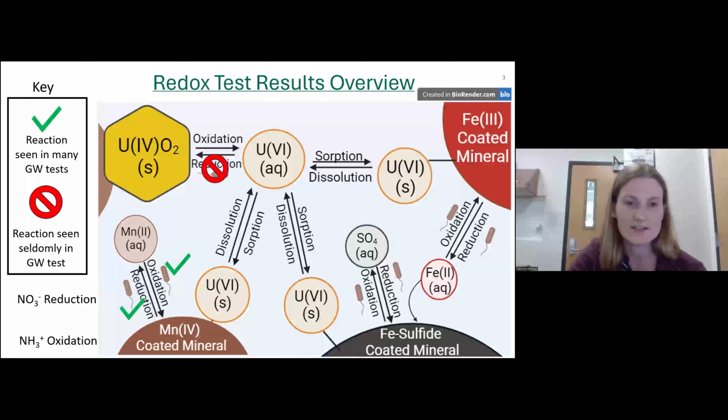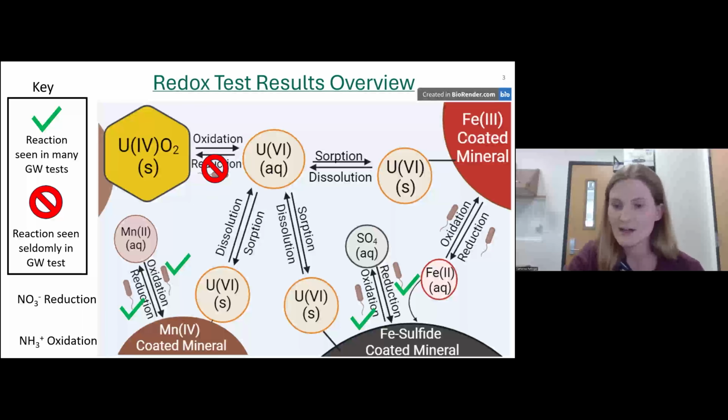Manganese, we did see some reduction and oxidation of manganese, suggesting that microbes can contribute to the formation and dissolution of the manganese coatings, which uranium could potentially absorb to. And then sulfate, we saw sulfate reduction as well as sulfide oxidation. And there are lots of articles about iron sulfides, also frequently called pyrites, and uranium absorbing to these pyrites or interacting with uranium in various other fashions.